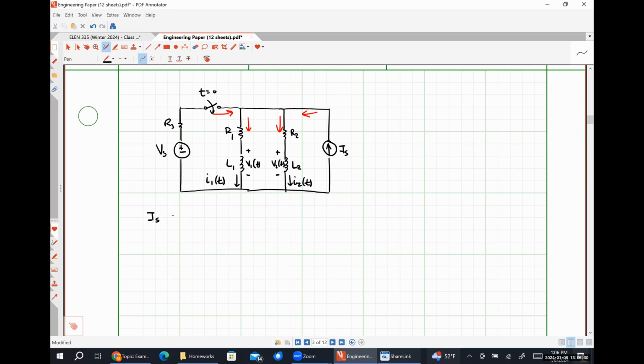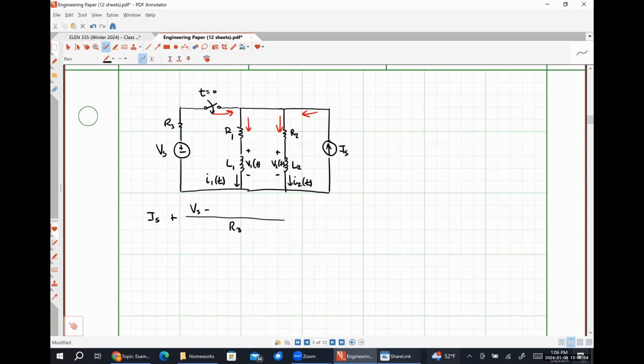And now we have to figure out what to do with the current flowing in through resistor R3. I know for sure that it's going to be something over R3, and it's definitely going to be VS minus something, based on the direction of the current. But now I have a couple of options here, right?